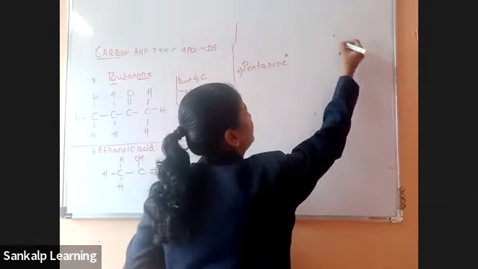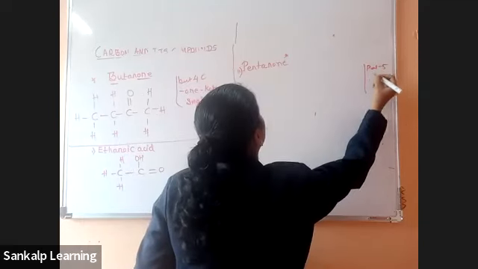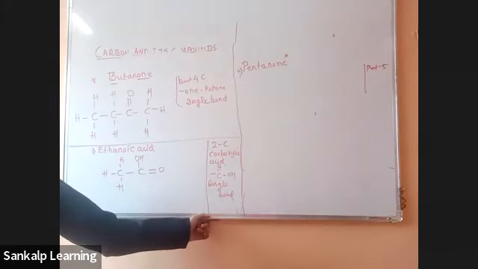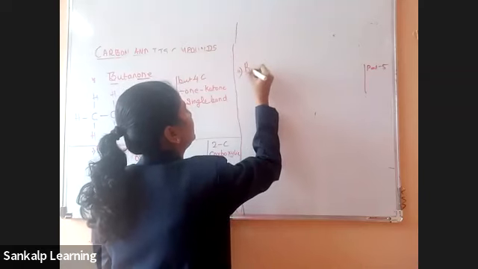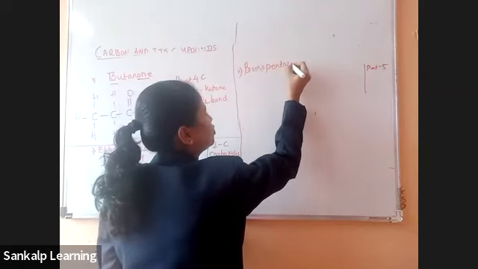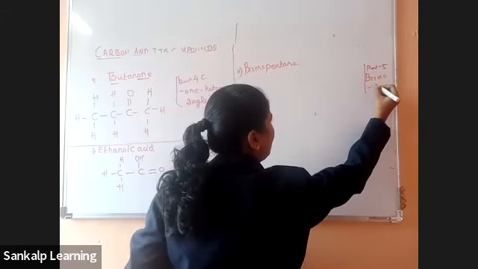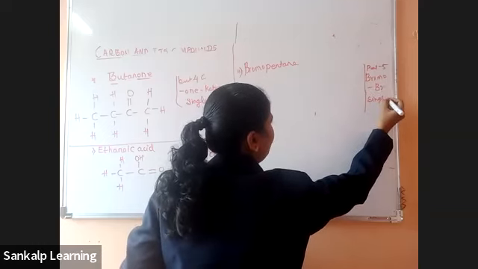Let me take a rough. Pent means 5, right? Bromopentane, sorry, it is bromopentane. So pent means 5, bromo means it is Br, okay? Then ANE, that is single bond.